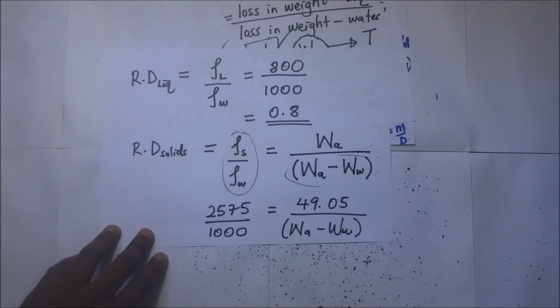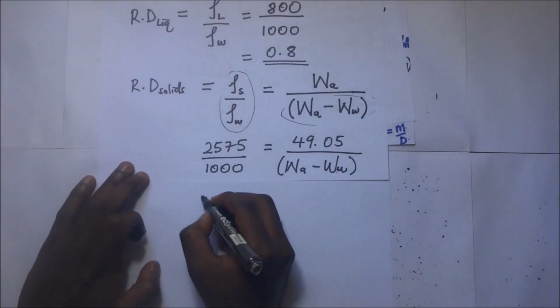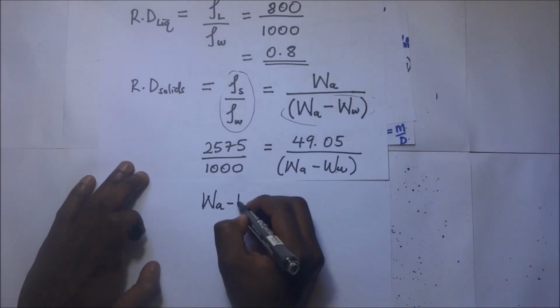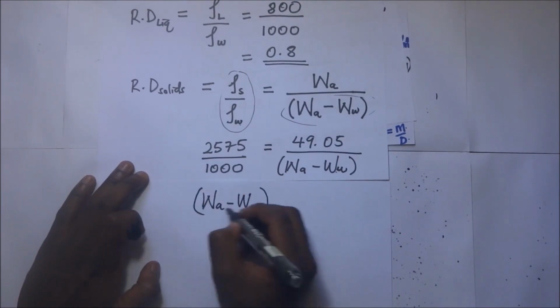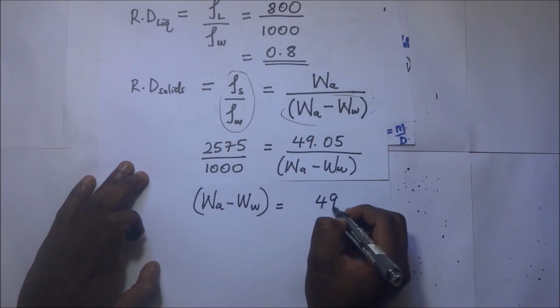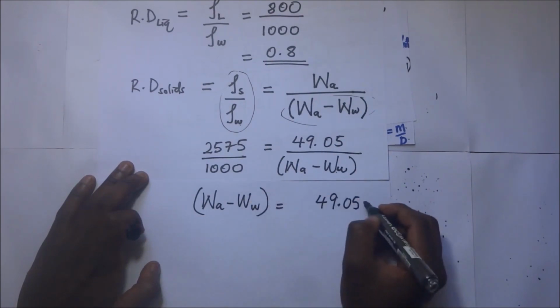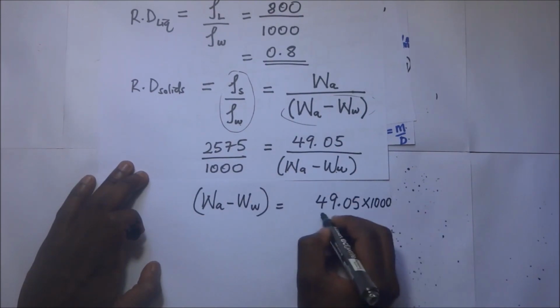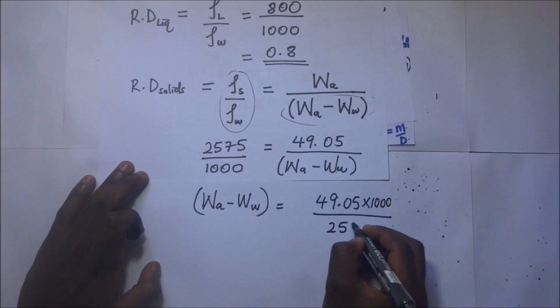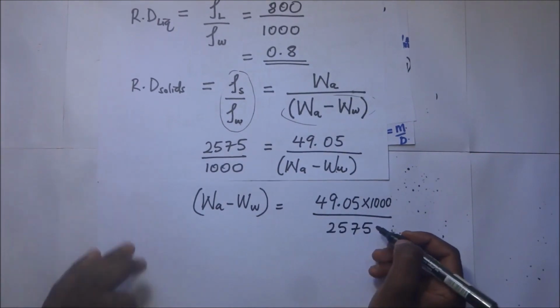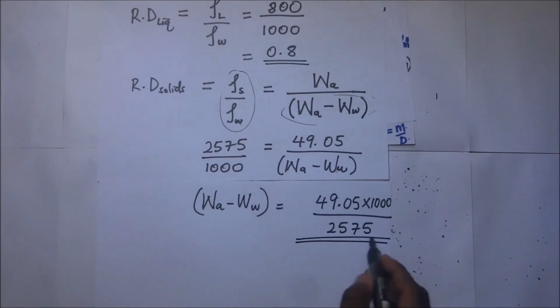When we make this the subject of the formula, WA minus WW becomes 49.05 times 1000, divided by 2575.